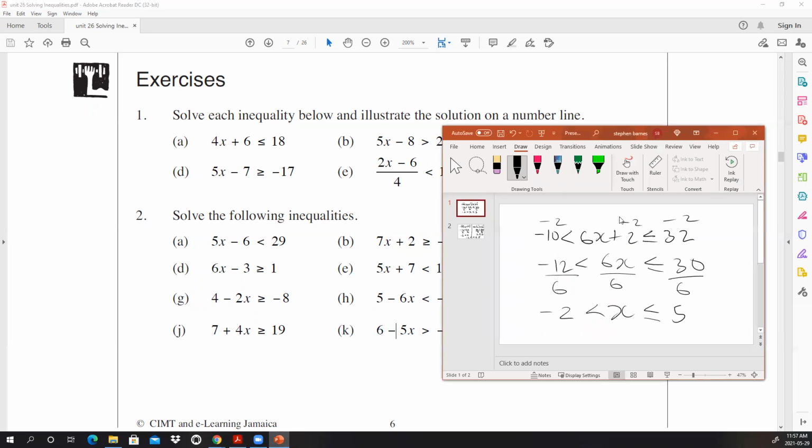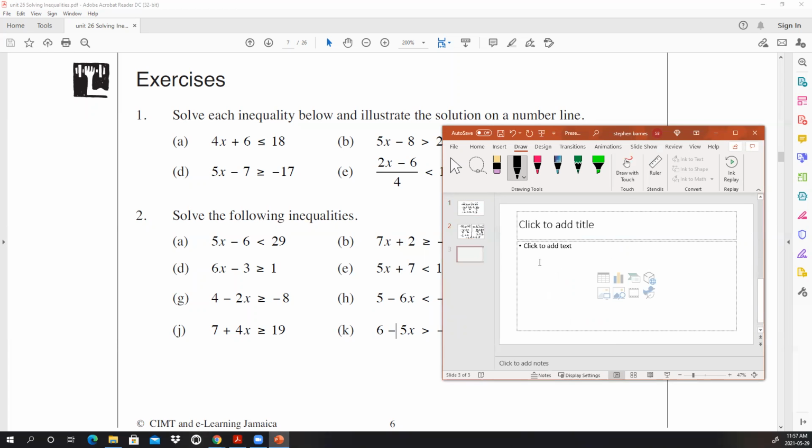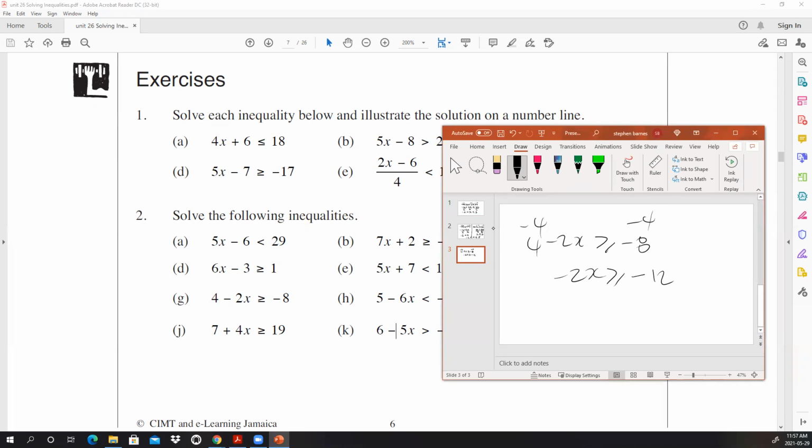So G, let me carry this up because I want you to see this little thing that I want to point out. So G is 4 minus... so if you subtract 4 from both sides, you're going to get a minus. Now, in the next line, I'm going to divide both sides by -2.